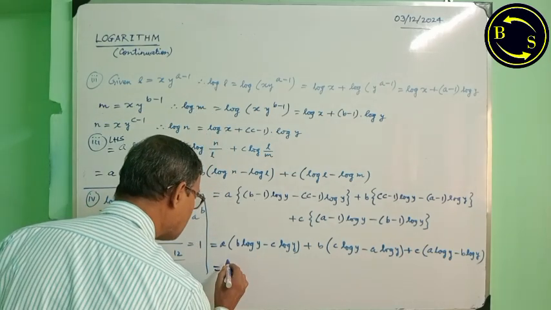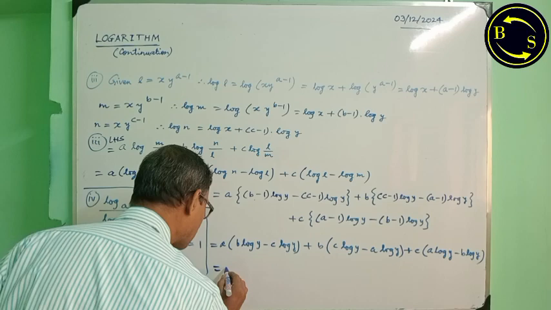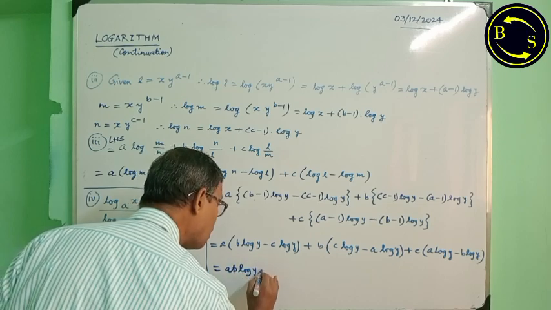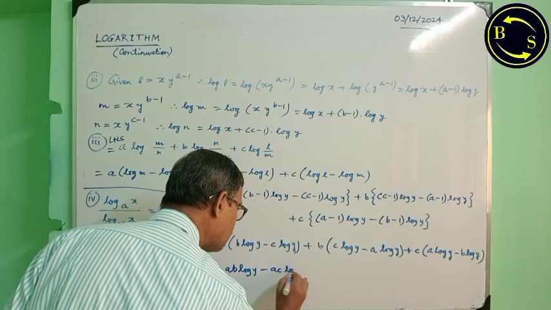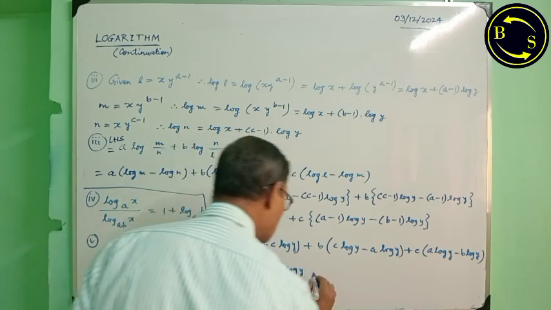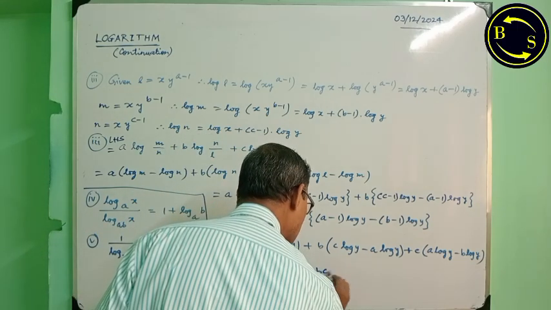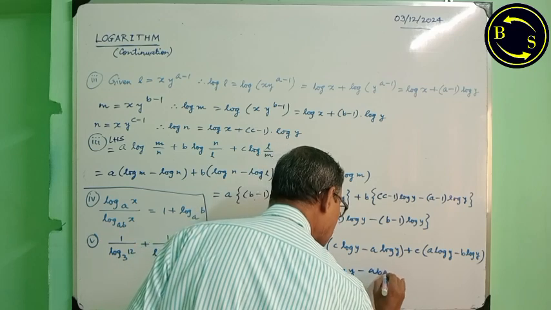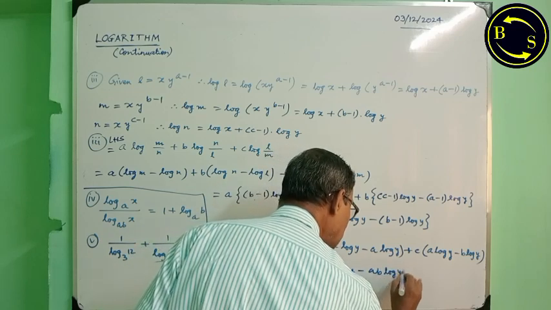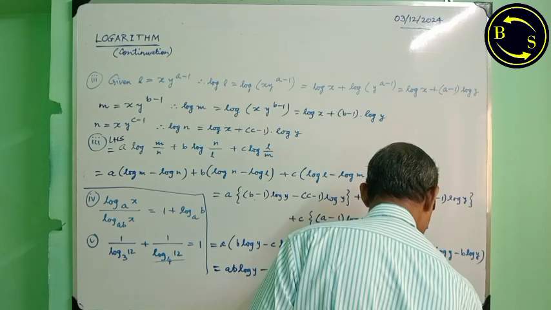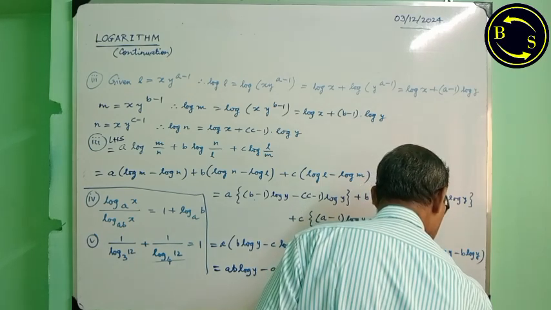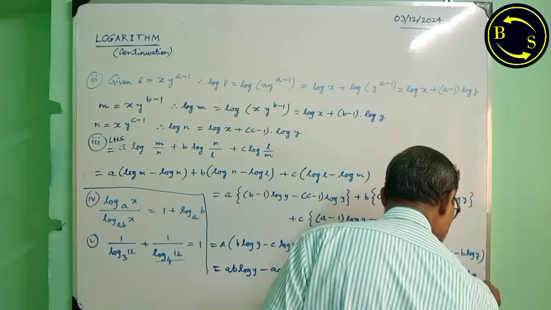Now I simplify. ab log y minus ac log y plus bc log y minus ab log y plus ac log y minus bc log y.